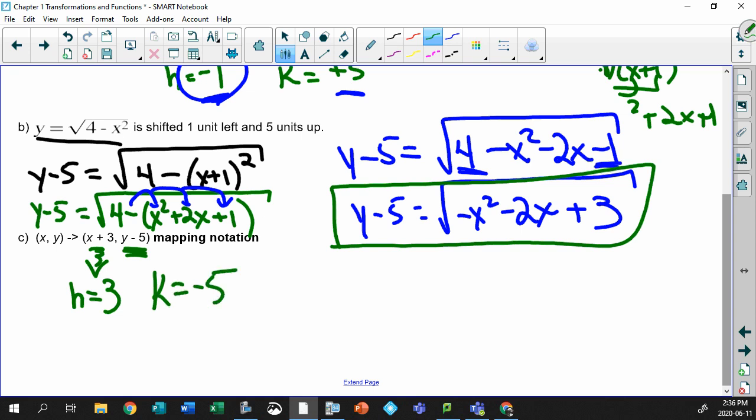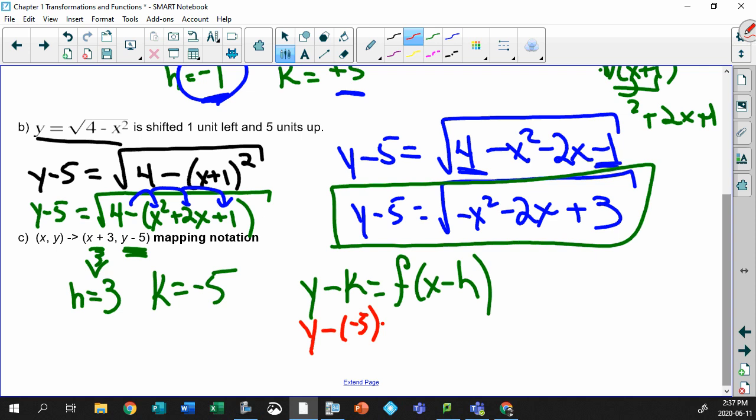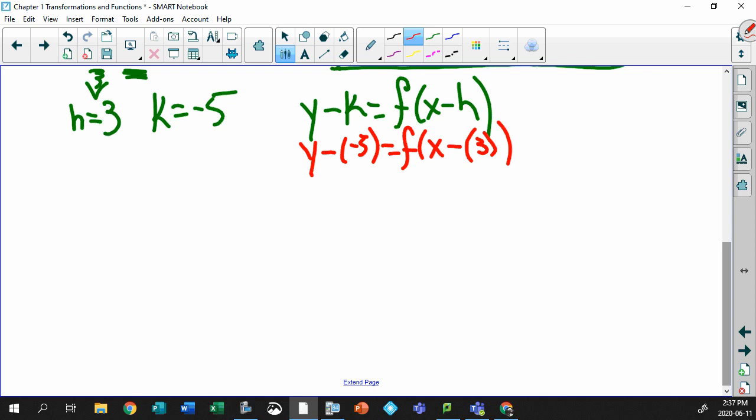And always, always, always go back to the equation y minus k equals f of x minus h. And all you have to do is substitute those guys right in there. This becomes y minus a minus 5, f of x minus the 3. And all you have to do after this is just clean it up.